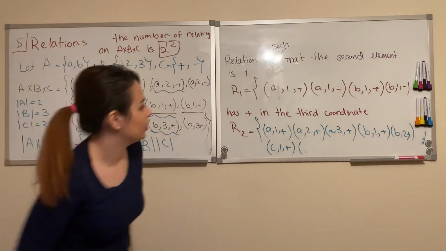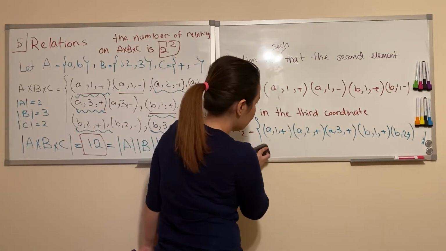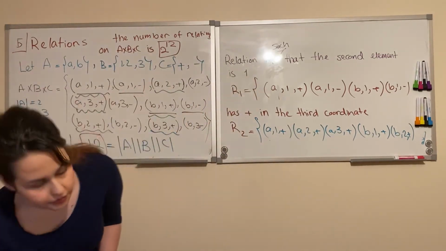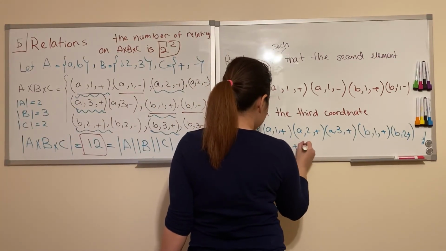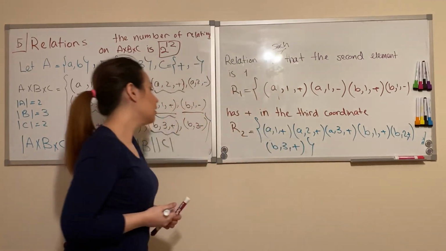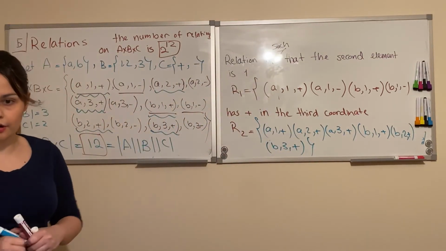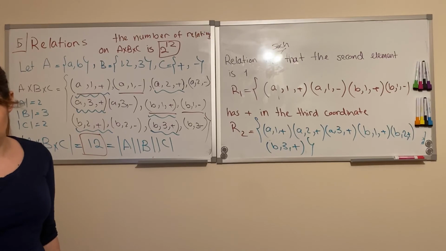So sorry, I got confused. Actually, it is b, 3, plus. Okay, here are our R1 and R2.